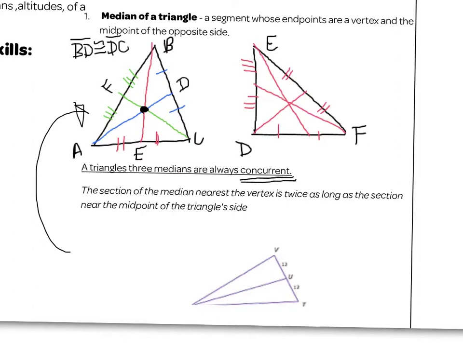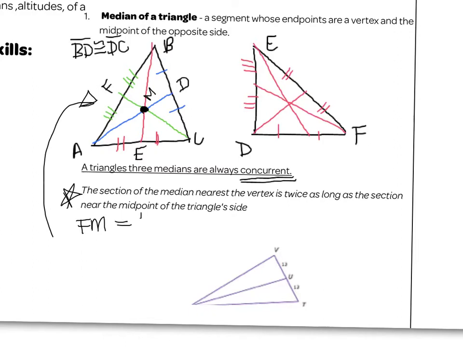That statement means that if we look at the point of intersection for triangle ABC, let's call it M, then FM is going to be 1/3 of FC.